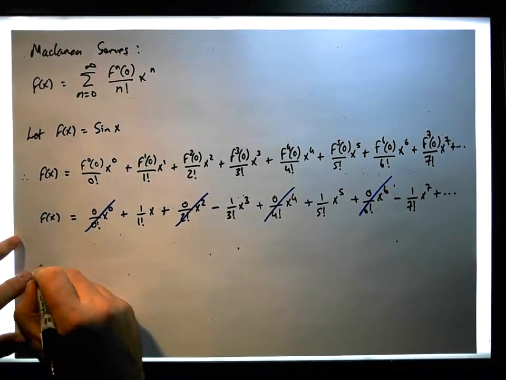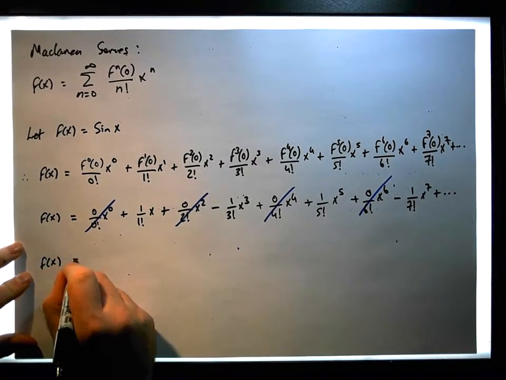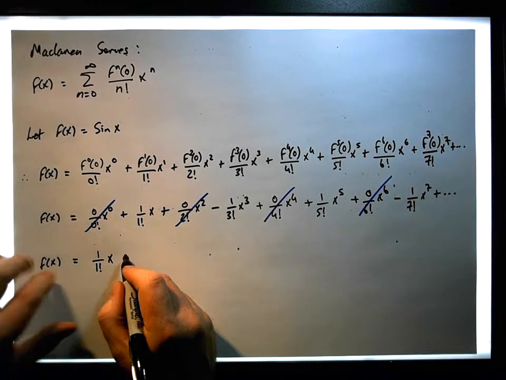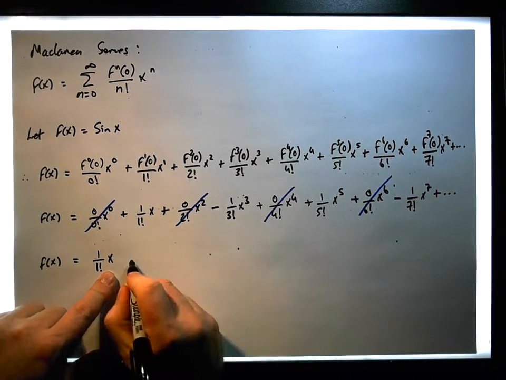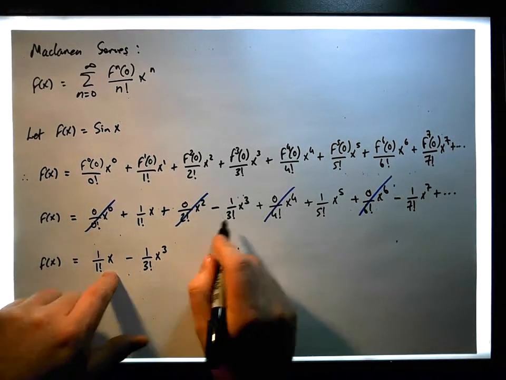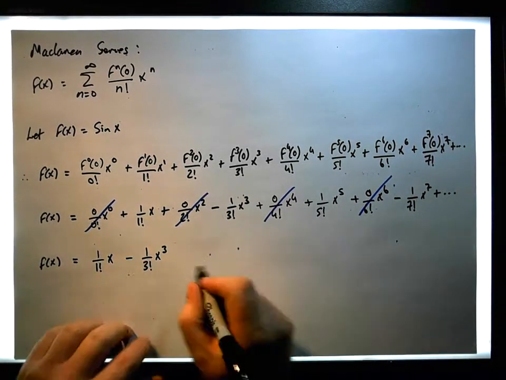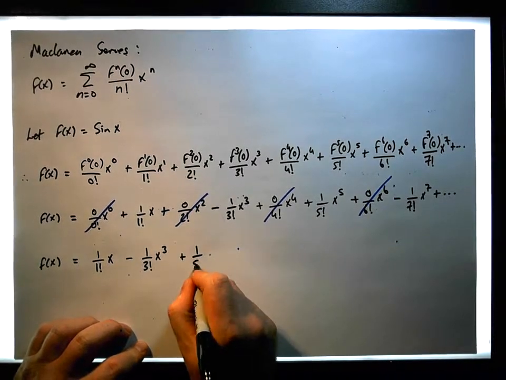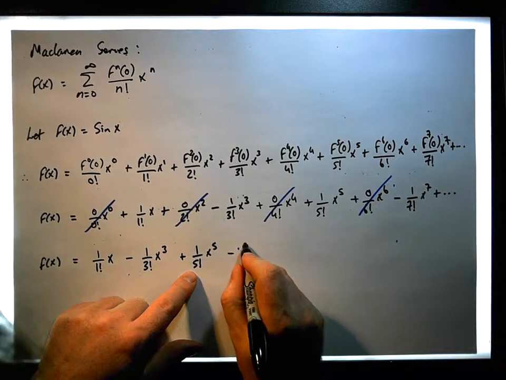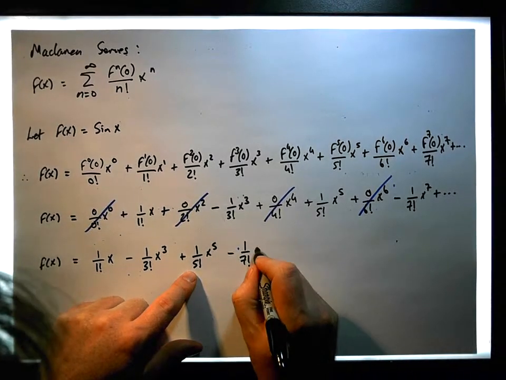Okay, so this looks like f of x is now equal to 1 over 1 factorial times x, well, x to the 1, okay, minus 1 over 3 factorial times x to the 3, okay, plus 1 over 5 factorial times x to the 5, minus 1 over 7 factorial times x to the 7.